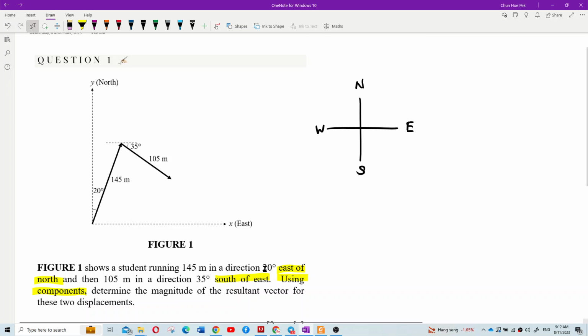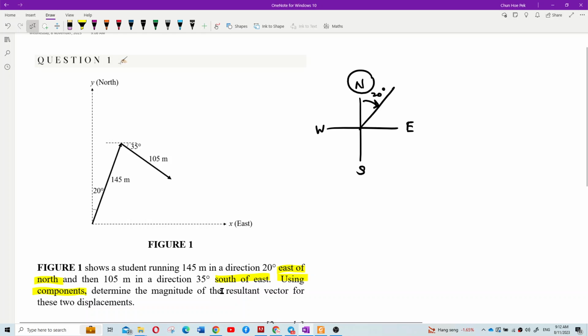So if east of north, that means from north go to east. So 20 degrees.